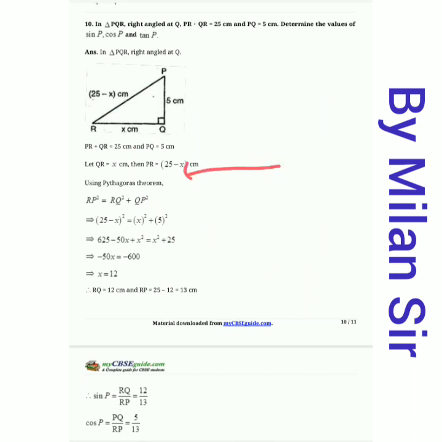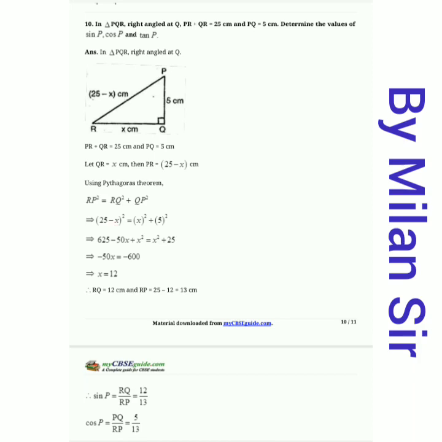So Pythagoras theorem: PR square, hypotenuse square, is equal to the sum of squares of the other two sides. That means RQ square plus QP square. Now what is the value of RP? RP means PR, 25 minus x, so (25 minus x) all square. Then QR is equal to x, so x square, and QP is equal to 5, so 5 square. Now use the identity (a minus b) all square.